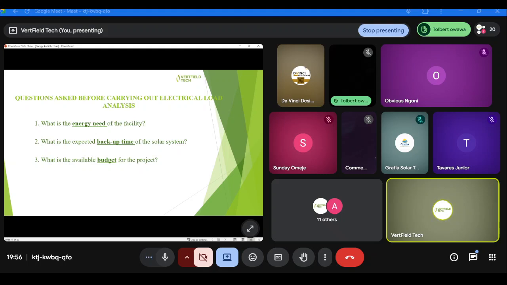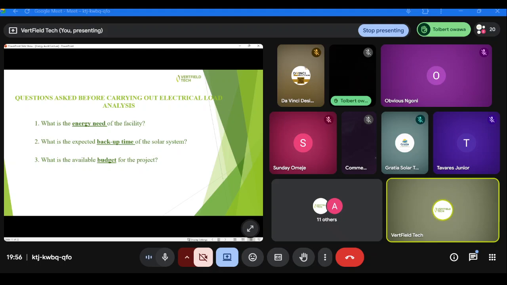So, two principal questions to be asked, and a third question as a bonus question. The very first question you have to ask when you get to your client facility, or the very first question we were expected to ask Mr. Junior when we got to his facility, was what is the energy need of his facility.